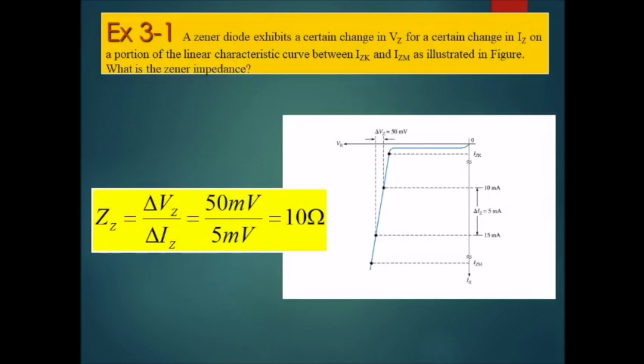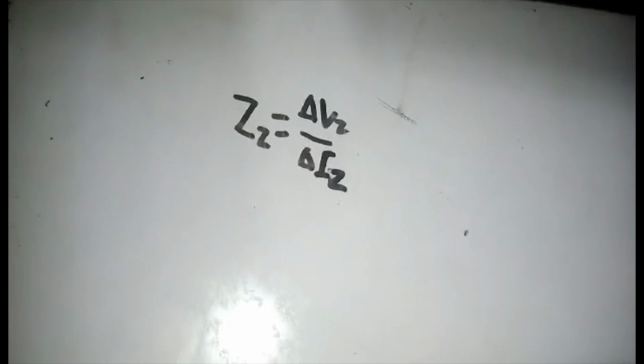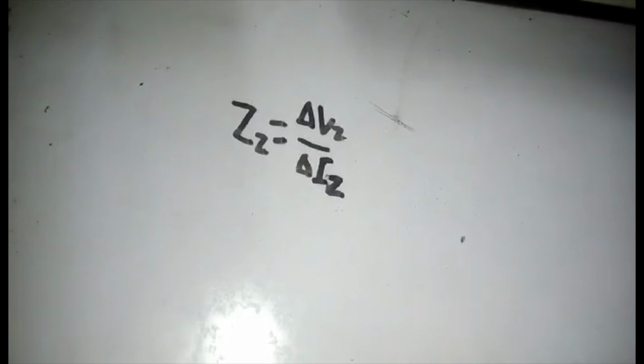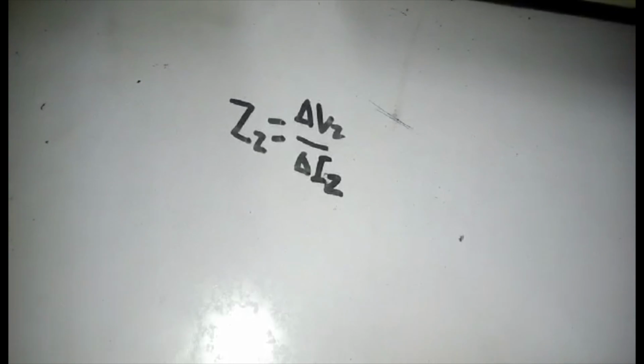Example 1. A Zener diode exhibits a certain change in VZ for a certain change in IZ on a portion of the linear characteristic curve between IZK and IZM, as illustrated in the figure. What is the Zener impedance? Here is the given formula to answer the question. First, we look at the graph to see what values to replace the variables in the formula with.